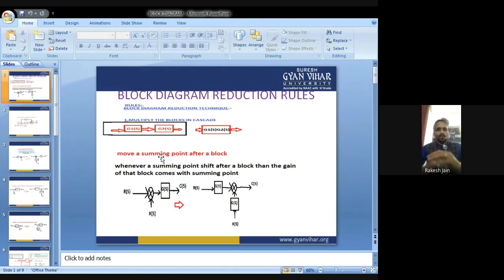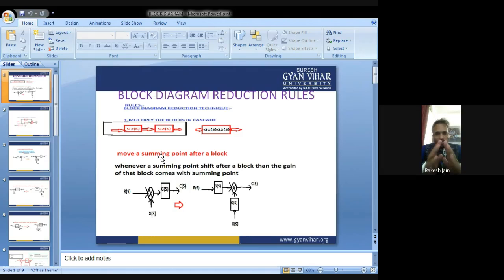The second one is move a summing point after a block. Whenever a summing point shifts after a block, then the gain of that block comes with the summing point. For example, R(s) is the input and C(s) is the output. Here from the summing junction there is a gain X(s) and there is a block with forward gain G(s).